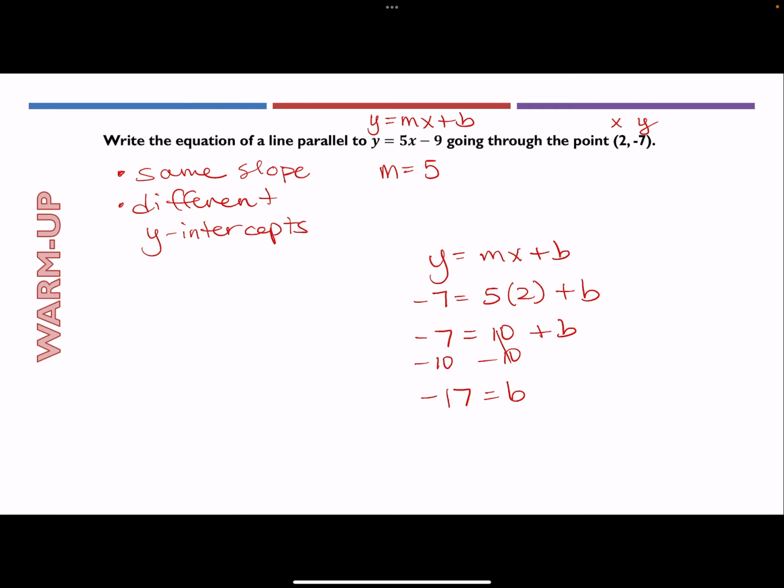Now I can take the slope that they gave me and the b that I just found and write it all together as y is equal to 5x minus 17. So there's my equation that's parallel to this line and going through this point. Now you're going to see today we're going to talk about perpendicular lines, and this process is super similar.